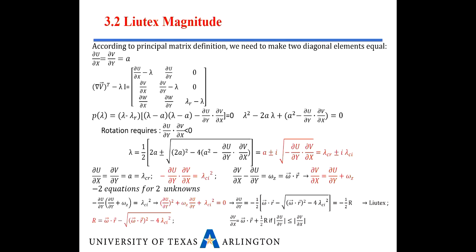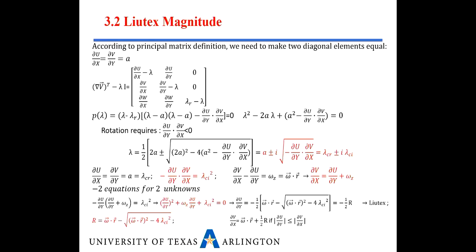Then from partial u, partial y and partial v, partial x, we use these two equations and get the solution for the swirling strength.